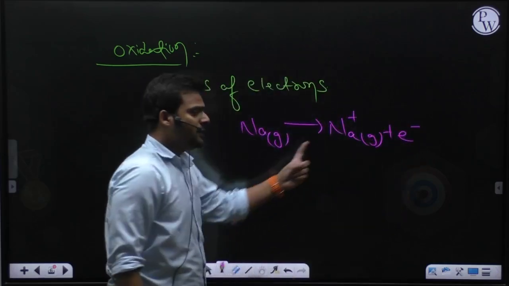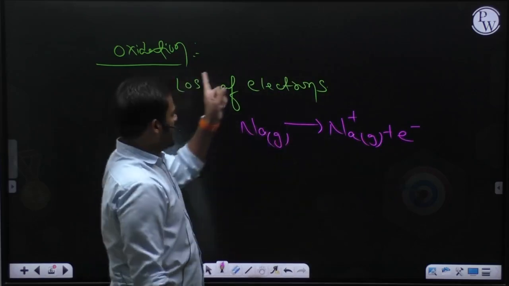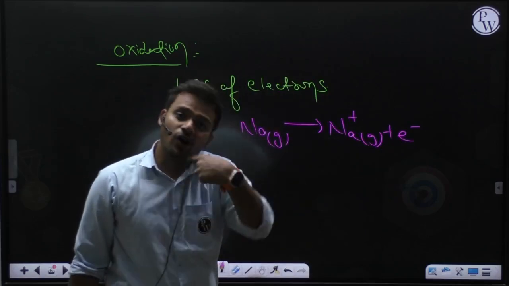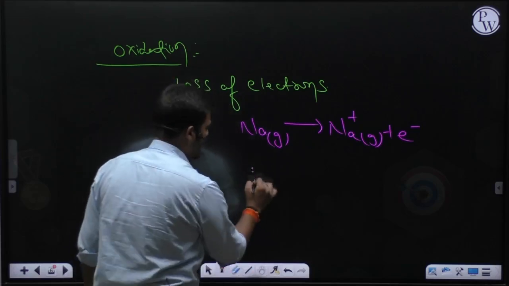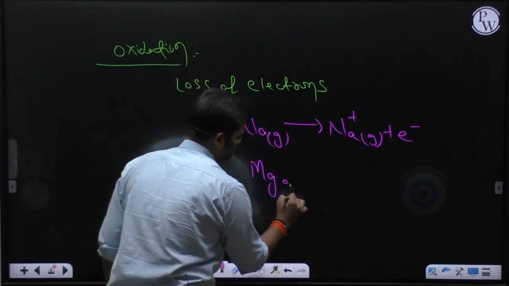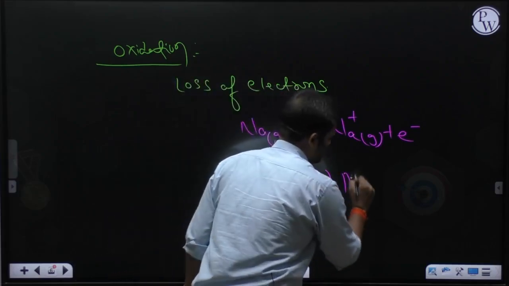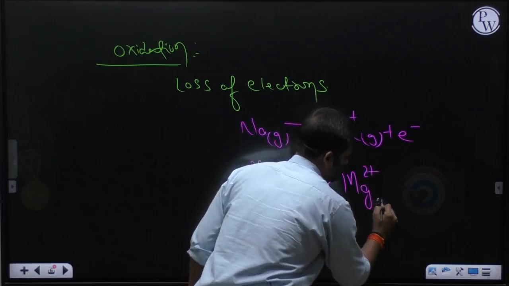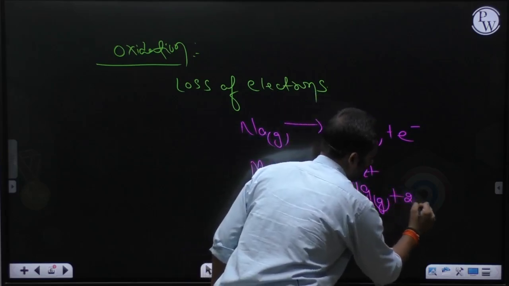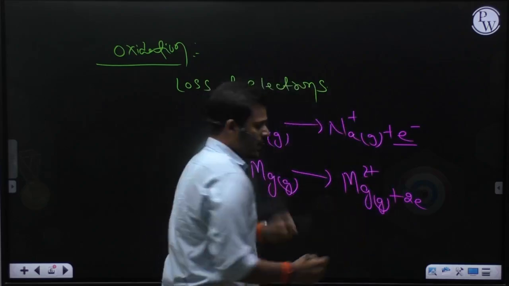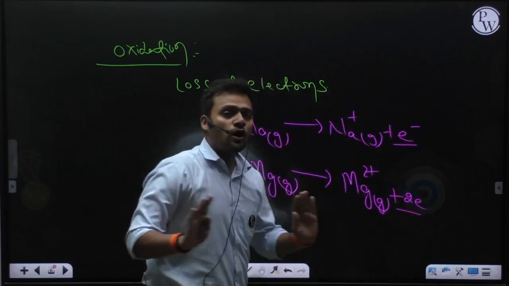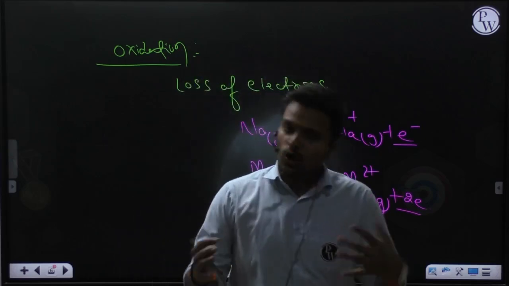Since sodium is losing an electron, that means a loss of electron is defined as oxidation, right? Similarly, I have magnesium gas. When it loses 2 electrons, it will be Mg2 plus plus 2 electrons, right? Here it is losing 1 electron, here it is losing 2 electrons. So loss of electron is what we call oxidation, right?